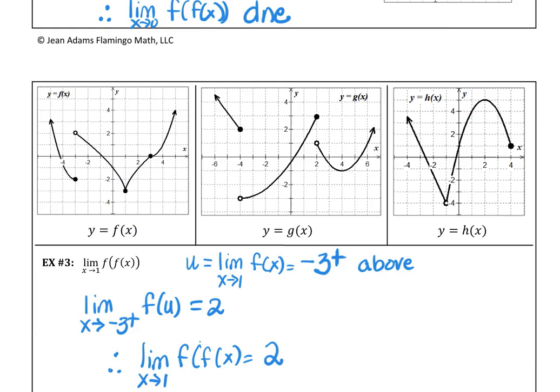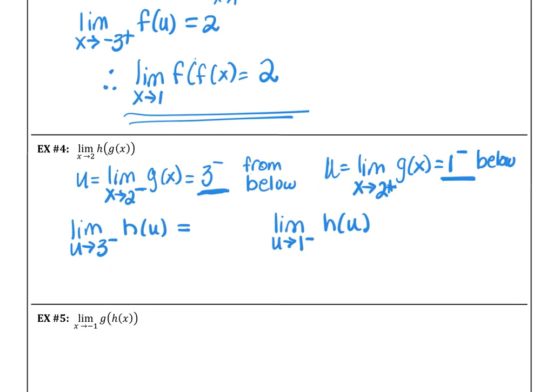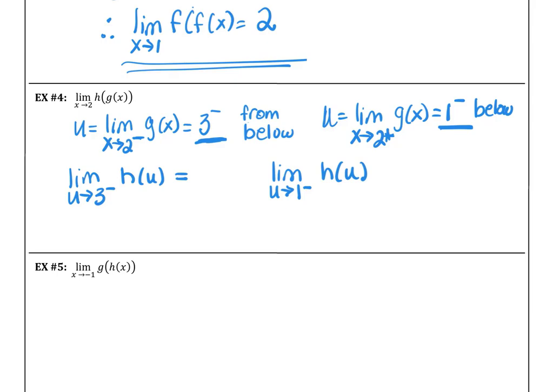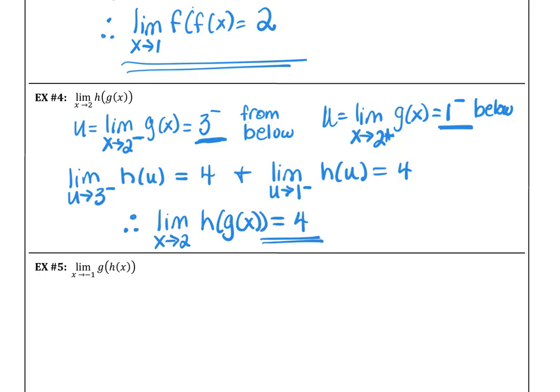They're both approaching 4 from the left. What does that tell us? If this one approaches 4 and this one approaches 4, therefore the limit as x approaches 2 on the composition of h of g of x will exist, and that limit will be 4.